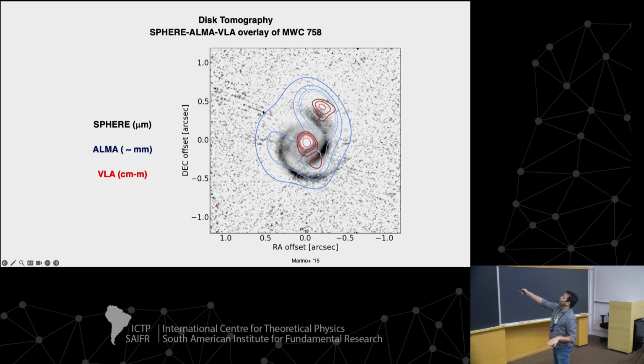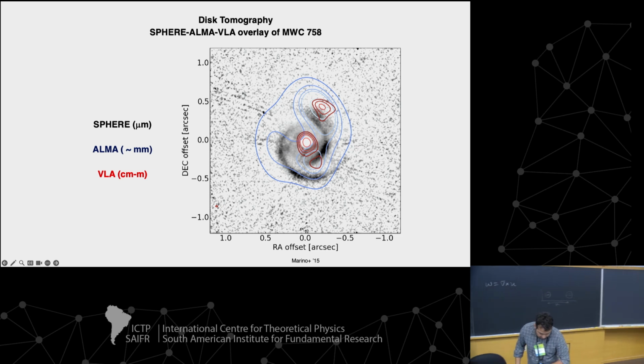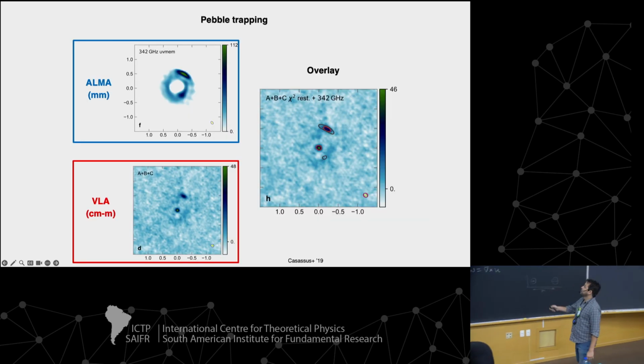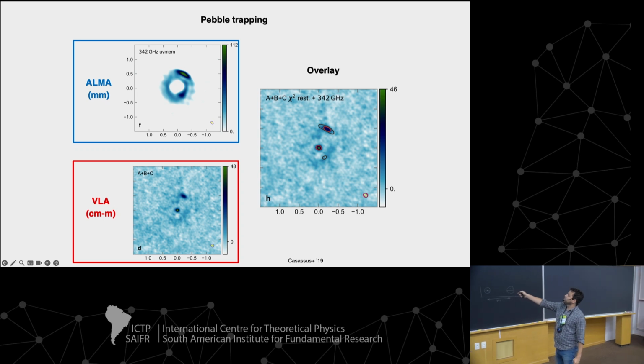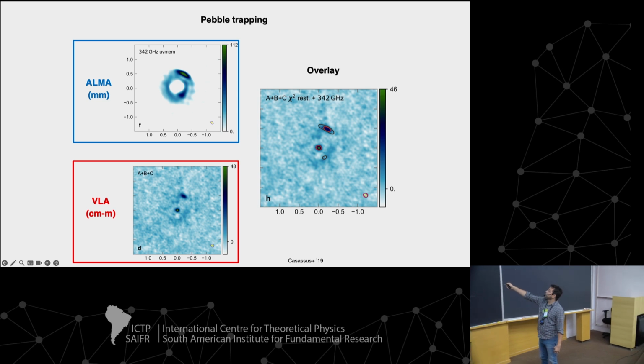So in the mid-plane, you have here in red the VLA, right? So these are the centimeter-sized grains, and in blue the ALMA. These contours here, if we look at only the ALMA and VLA now, the grains that are settled in the mid-plane, this is what you see. You see that the ALMA concentration of grains is larger than what is seen with VLA. If you overlay them both here, this contour is the contour of the ALMA observation, and in red here, the contour of the VLA.